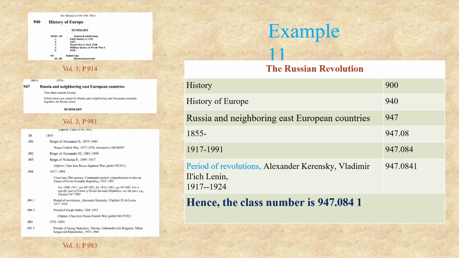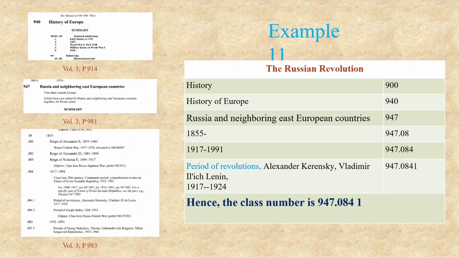Geographic focus, that is geographic location, here Russia. Then time period 1917, the revolution period. European history falls under 940. History of Russia and neighboring East European countries falls under 947. Period 1855 is covered under 947.084.